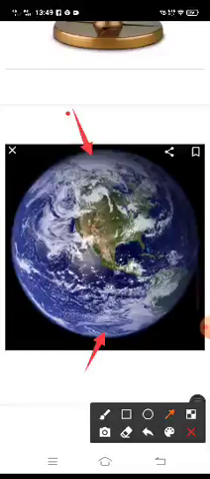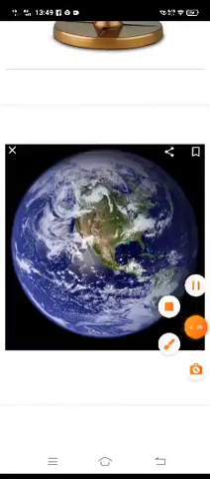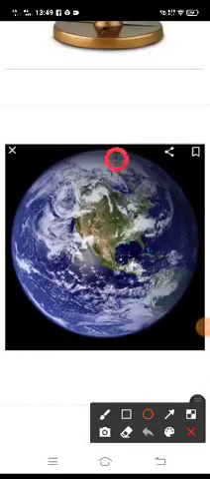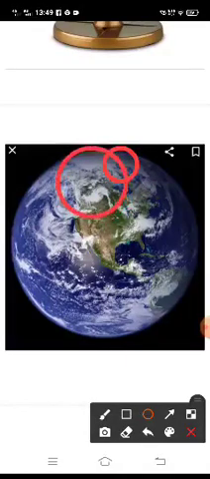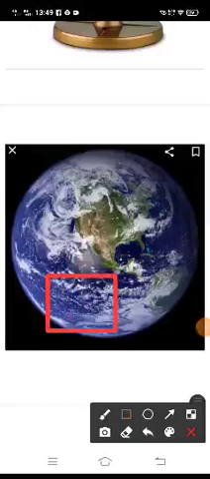Now the upper area, the whole area, is called the northern hemisphere, and the southern area is known as the southern hemisphere.